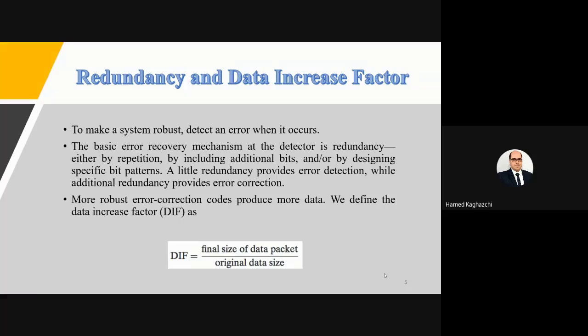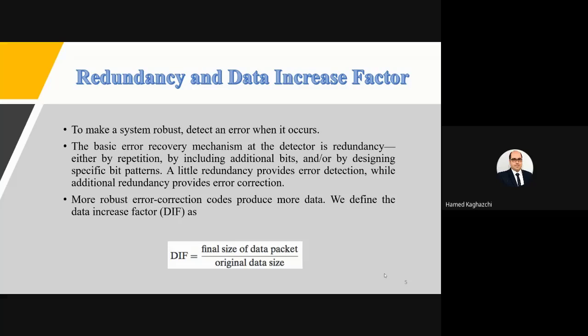Now, if we add a little redundant bit, we can only detect the error, while additional redundancy provides error correction. So, more robust error correction codes produce more data.